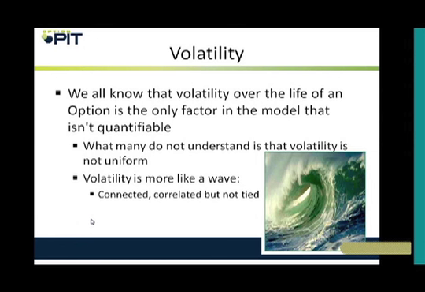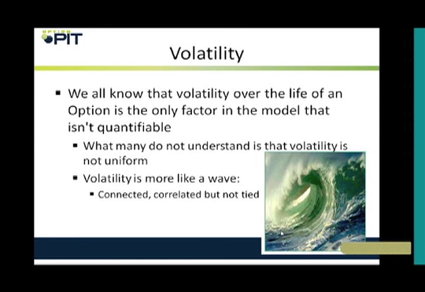What many don't understand is that volatility is really non-uniform. It's more like a wave. It's connected but not correlated. If you look at a wave, every part of the wave is moving at differing rates, and the wave is changing shape depending on what's going on at the seafloor surface, what's swimming around in the water, what's going on with gravity.